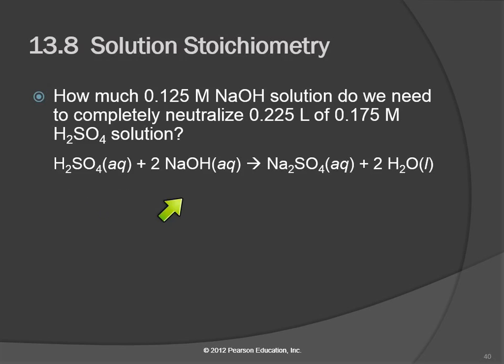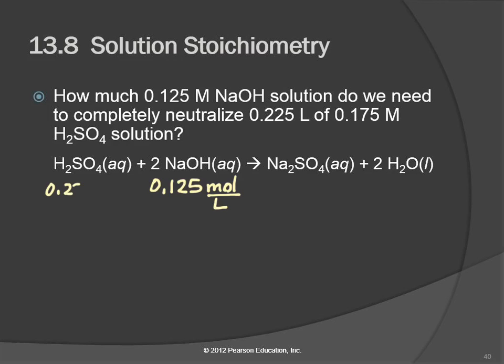Here's the balanced chemical equation. Let's use that to organize this information. So 0.125 molar sodium hydroxide. I want to write that under sodium hydroxide in the equation. So 0.125, capital M is moles over liters. And then 0.225 liters of sulfuric acid.